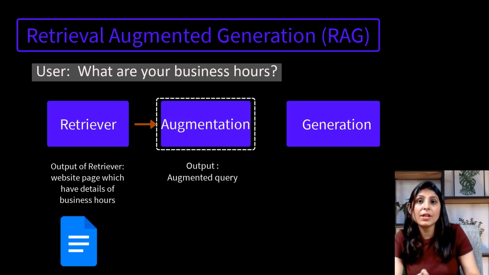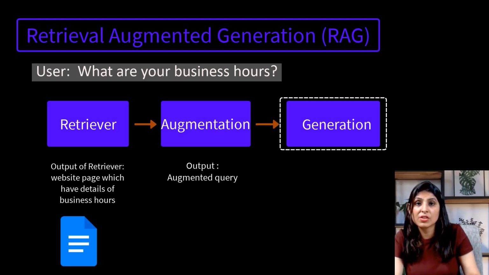This means the relevant information from the document is added to the input that will be fed into the generative model. As per our example, the relevant information from our website page will be combined with the user's original query, okay?